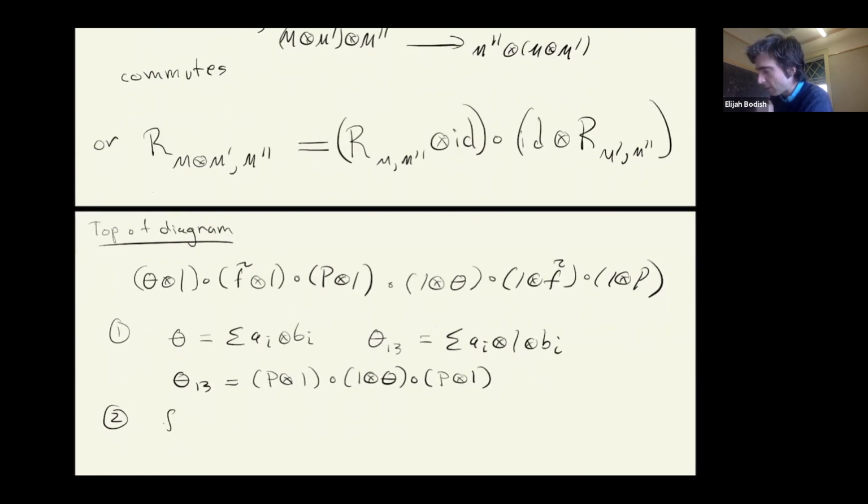And then the second thing is that similarly, if I write F tilde_{1,3}, to take M, M prime, M double prime in the M lambda_1 tensor M prime lambda_2 tensor M double prime lambda_3 weight space, this is going to be defined as F of, I only keep track of the first and third weight.